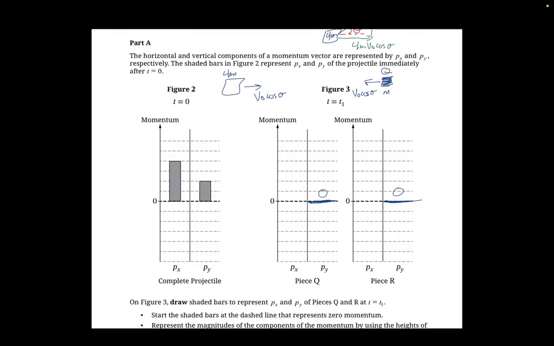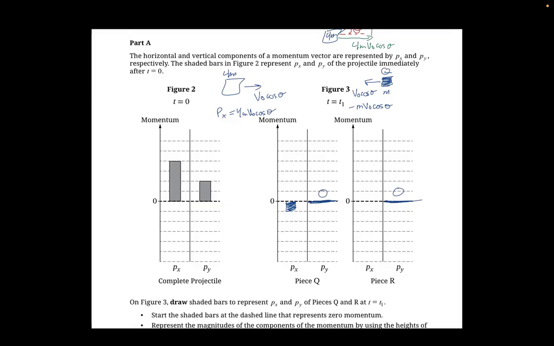So it should have the exact same speed in the opposite direction in order for it to return back to its original point. So that should be essentially 1/4 the momentum, as that would be negative m v naught cosine theta, which is negative 1/4 the size of the original momentum that we have shaded. So we need to draw a bar that is 1 unit in the negative direction for piece q, since the original one was 4 units tall. So we'll draw something like this. And that should do it.